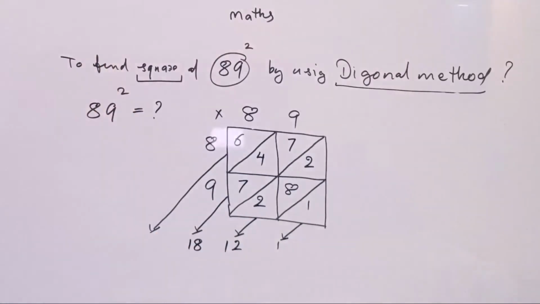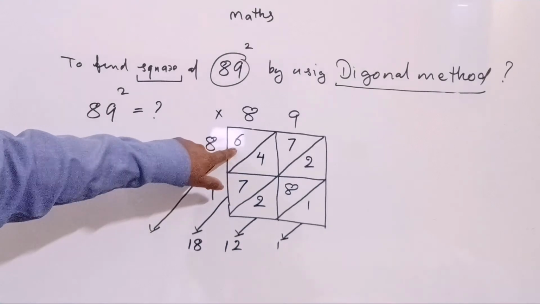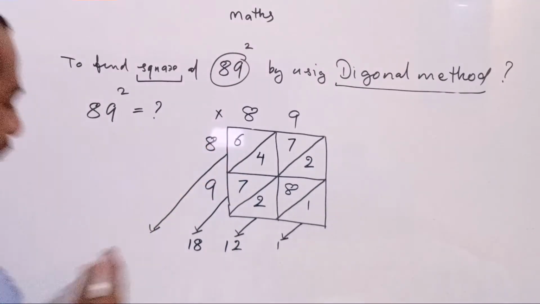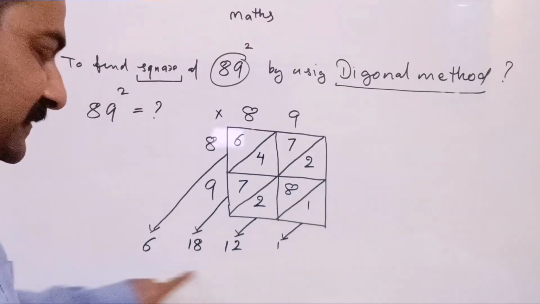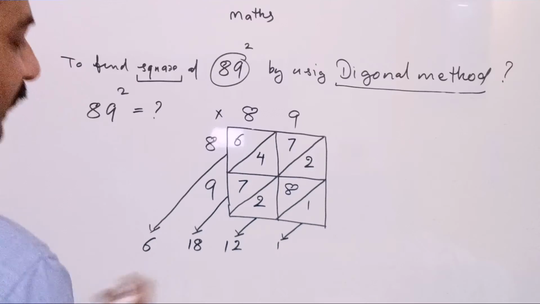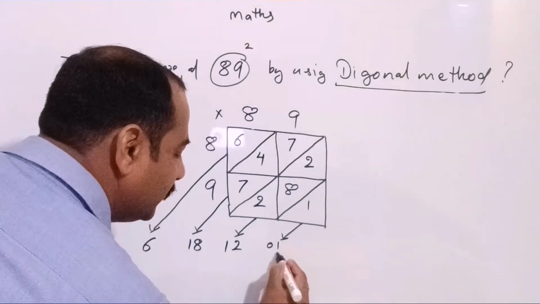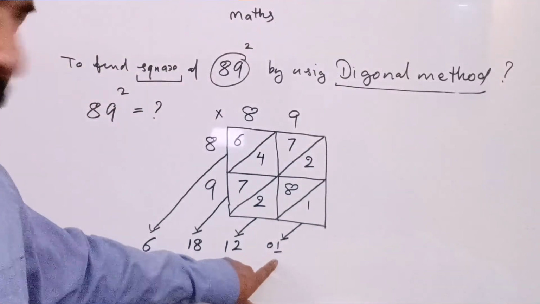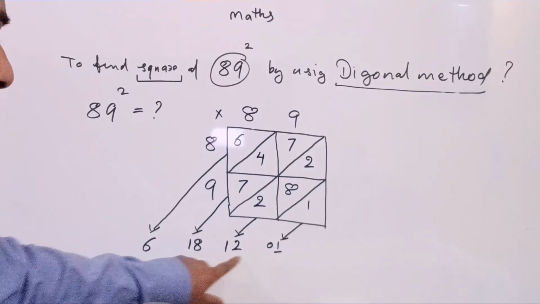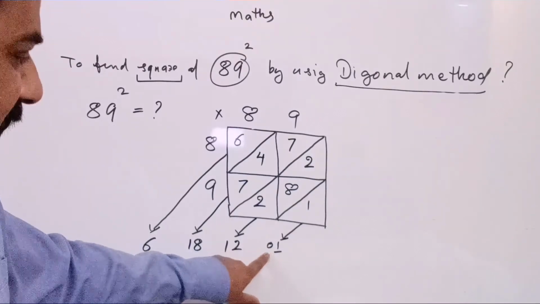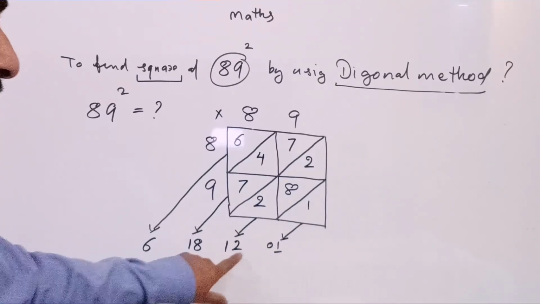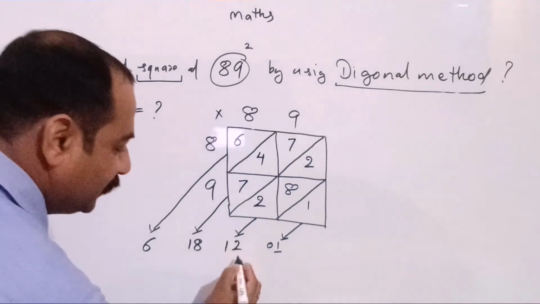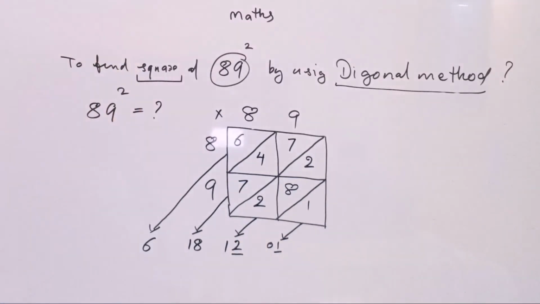Right? Now again inside the box we have only 6 along the diagonal. So this is 6. But guys, this is not the answer, because we have to take the number only at the unit place. So this is the first value, this is 1. At the 10 place we have 0. When we add 0 here, we have only 12. So this is unit place value 2, and 1 goes to the next place.